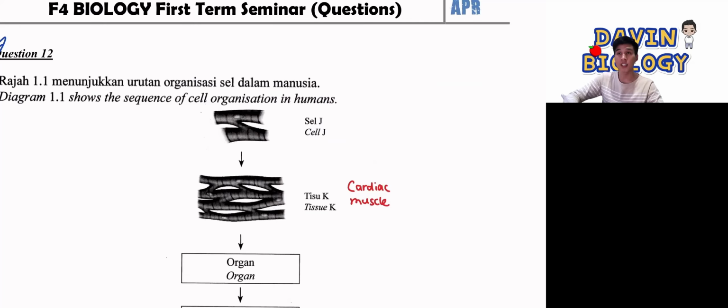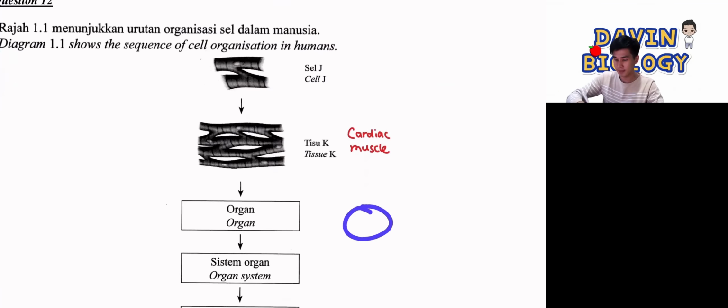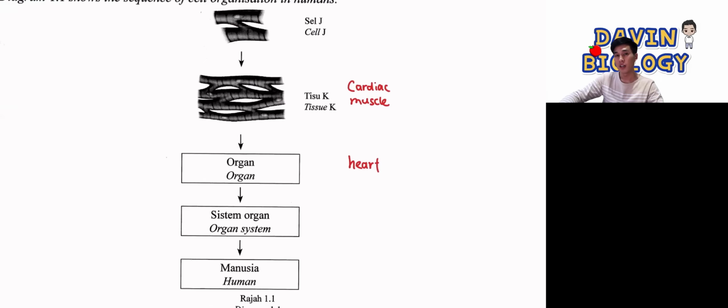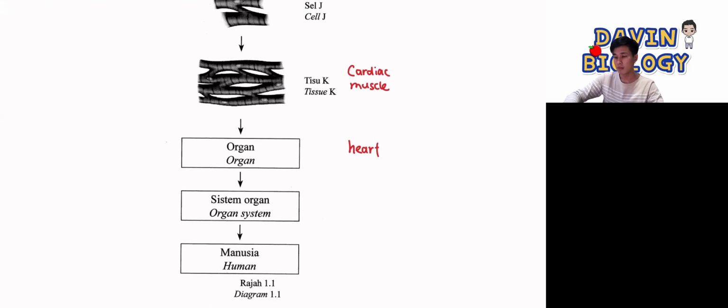So you have cardiac muscle tissue, cardiac muscle cell. Remember, tissue is made of similar cell. You can see got branches one. So if this is cardiac muscle, what's the organ it will form? Yes. Heart. Heart belongs to what system? Is your correct, blood circulatory system, and then form an organ is a human.